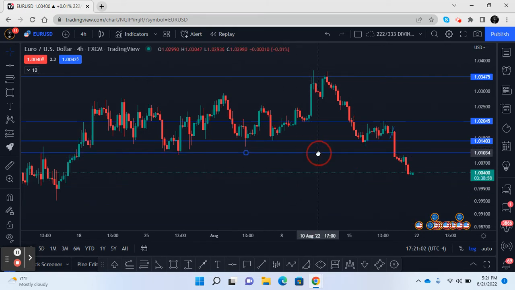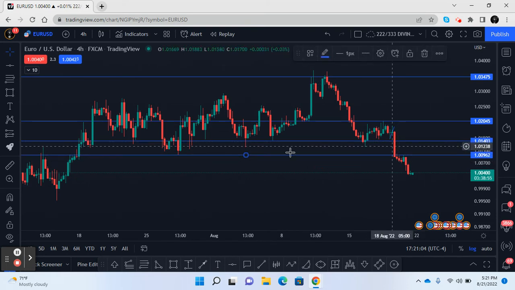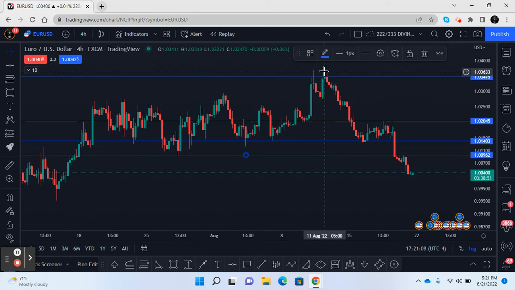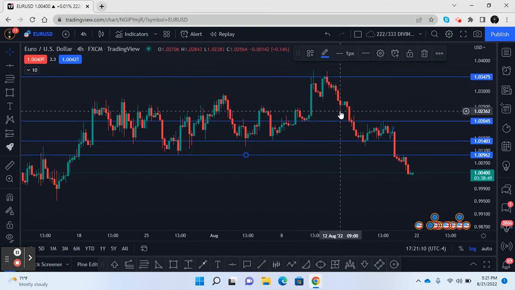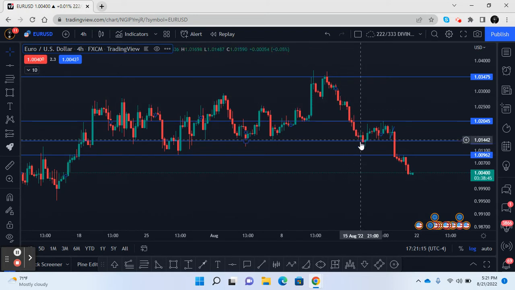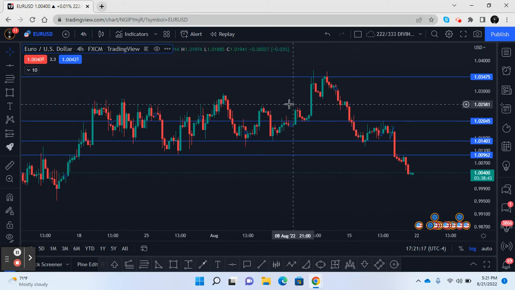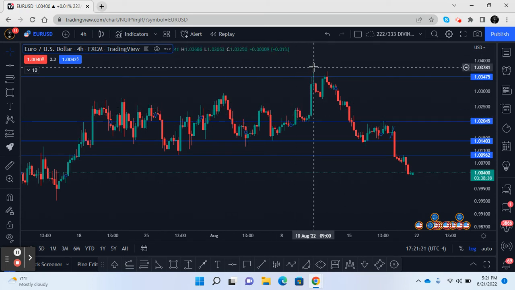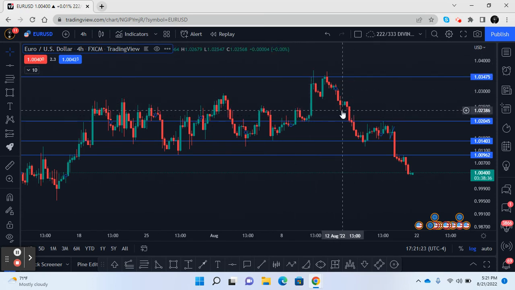So you gotta think every time you gotta continue to look left. When you look left, you're gonna see we got a lot of stops that we could visit. So even coming back down, why do we get here and we form a nice little rally before falling down? And guess what? This area was some form of support. I mean resistance. Price broke, showed us some support, and then it finally broke again.